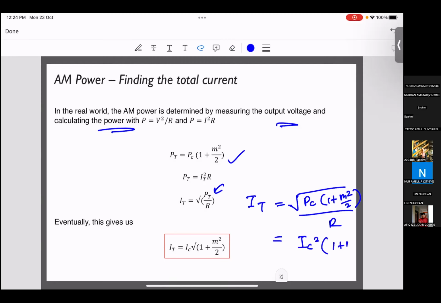And then I still have the square root, so I get rid of the square root, and now I only have IC times the square root of 1 plus m squared over 2. So that is how you get this equation.